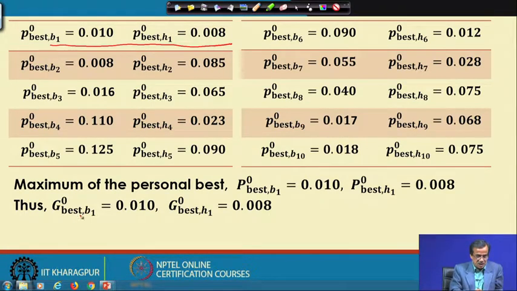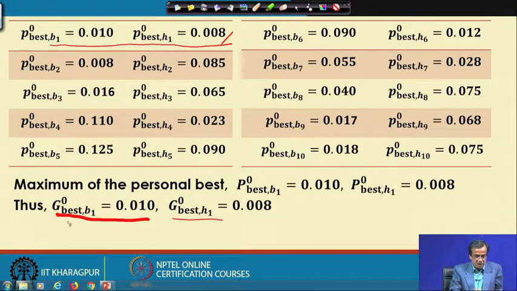That means this is nothing but the globally best solution. The globally best solution is found to be something like this: g best comma b 1 with respect to 0 is nothing but 0.010, and similarly g best comma h 1 with respect to 0 is 0.008.